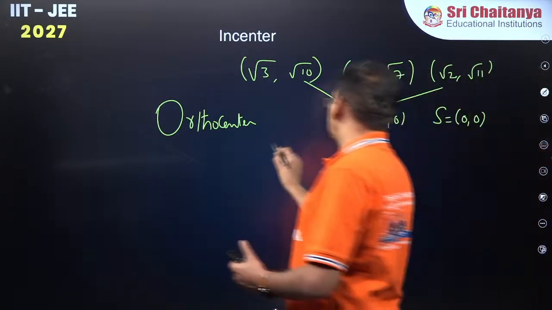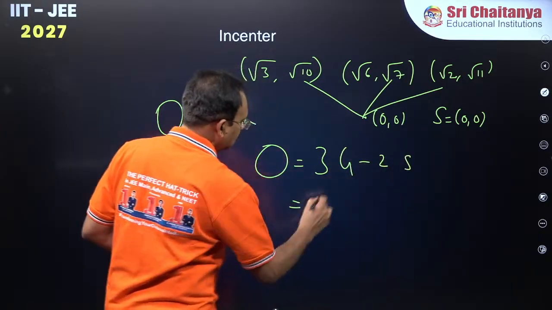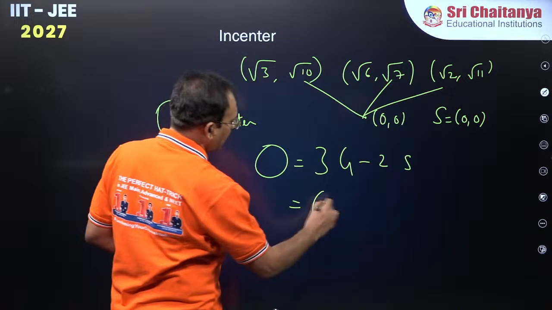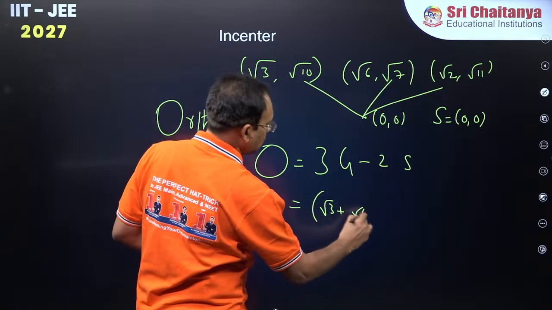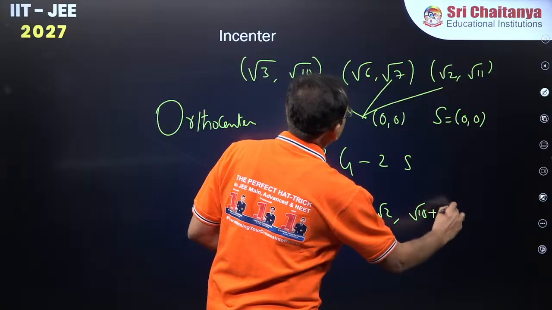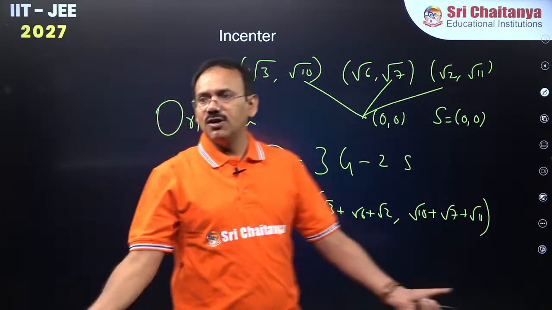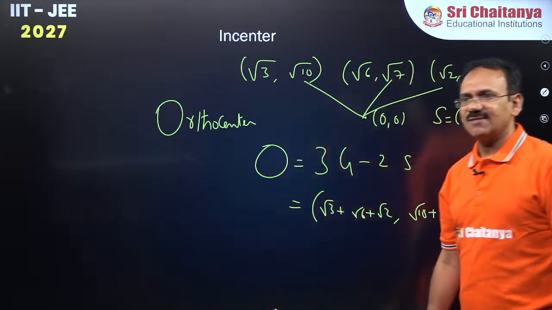I want the orthocenter. O is equal to 3G minus 2S. 3G is nothing but the sum of the coordinates: root 3 plus root 6 plus root 2, root 10 plus root 7 plus root 11. Minus 2S is anyhow 0. This is the orthocenter, right?